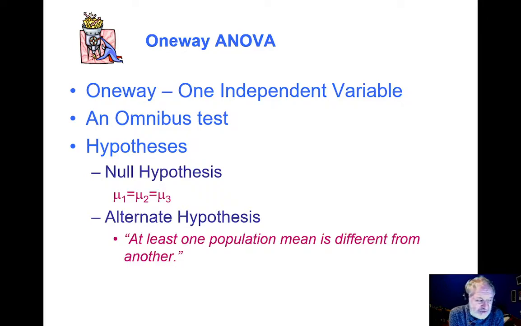That's technically incorrect. That is one possible outcome where the null hypothesis is not true, but another option could be mu1 not equal to mu2, and mu2 equal to mu3. So there's multiple possibilities when it comes to the alternate hypothesis. If you see the alternate hypothesis, mu1 not equal to mu2 not equal to mu3, it is incorrect.